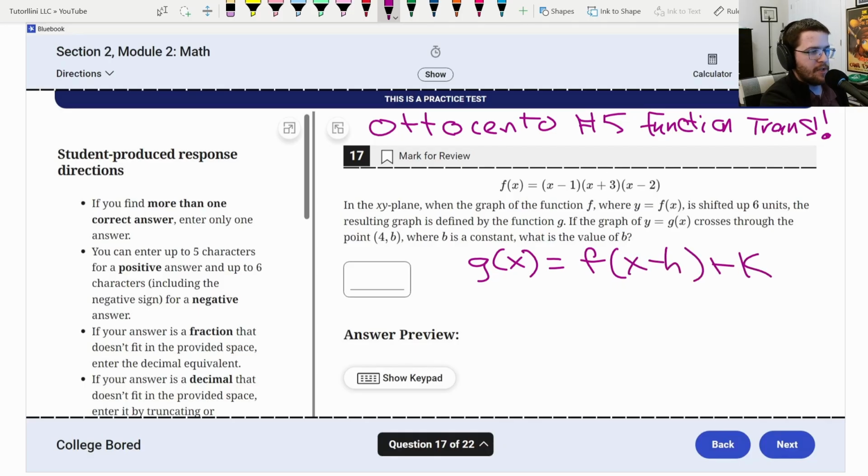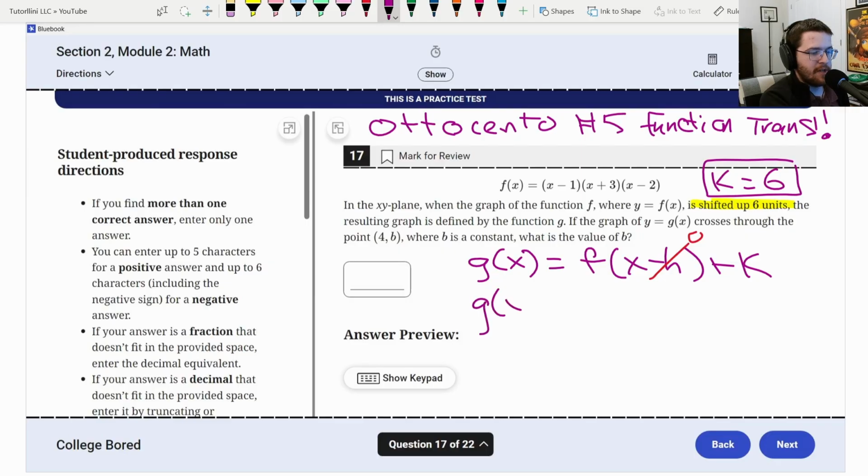So the question says it is shifted up 6 units. So the horizontal translation, h, is just 0. There is no horizontal shift, but there's a vertical shift of 6 up. That's the positive y direction. So that means k is positive 6.